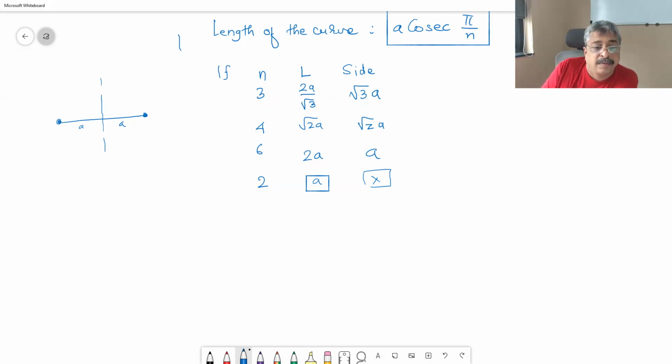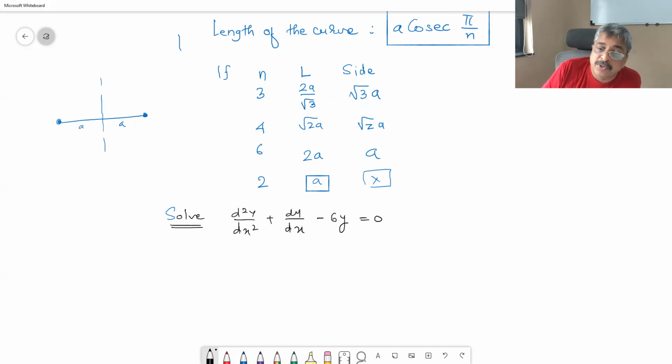Solve d2y by dx square plus dy by dx minus 6y is equal to 0. Suppose we want to solve this, and there is a specific method to solve this.